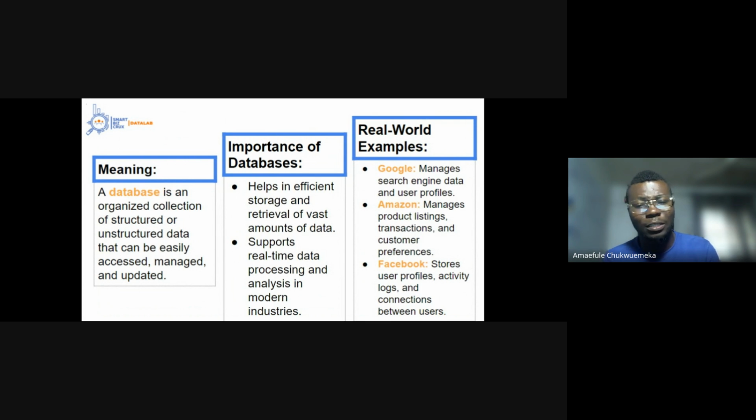The second importance of a database is that it supports real-time data processing and analysis in our modern society. Take real-time data, let's say data from social media, people interacting with the website, customer feedback, and all the information that goes on the internet. That data is trapped into the database.